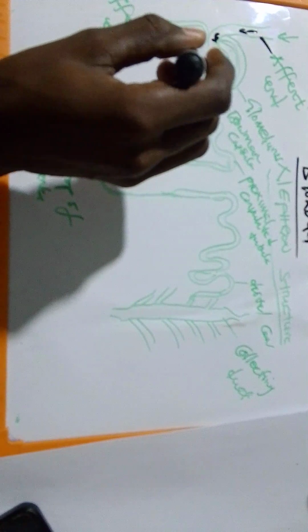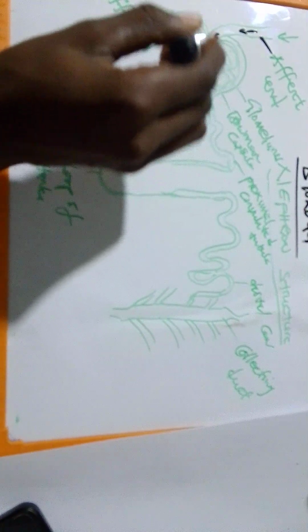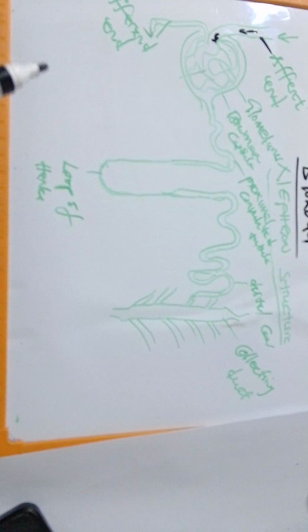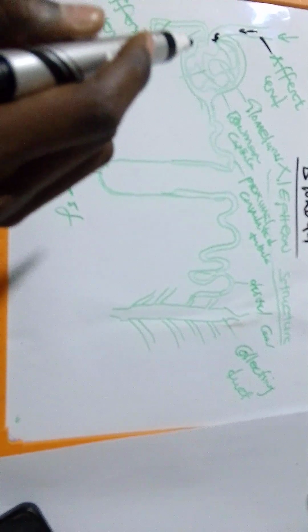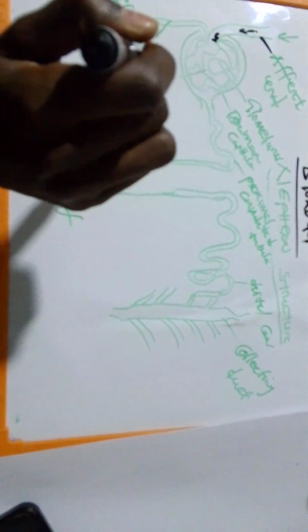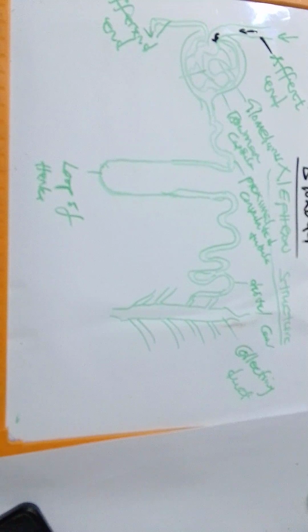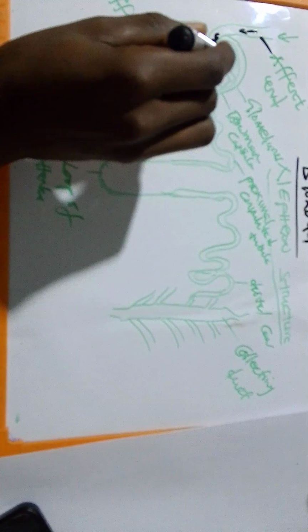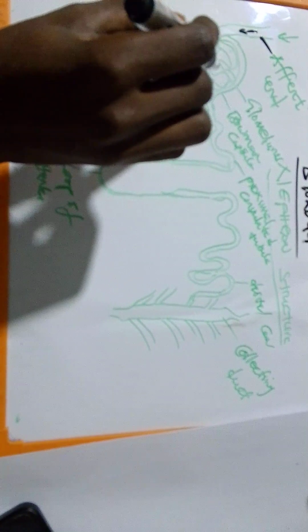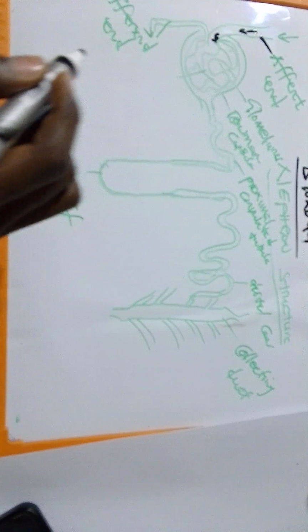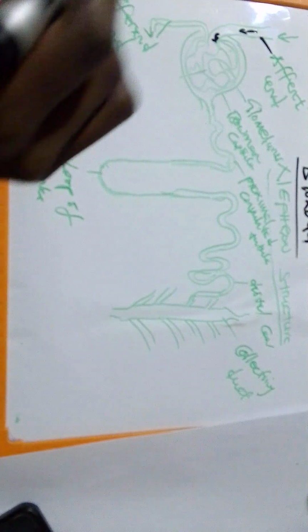The one that comes out of the Bowman's capsule becomes narrower compared to the one that brings blood to it. The blood coming from the afferent end is here to remove the waste metabolic products, so that when it goes out, it goes out clean.